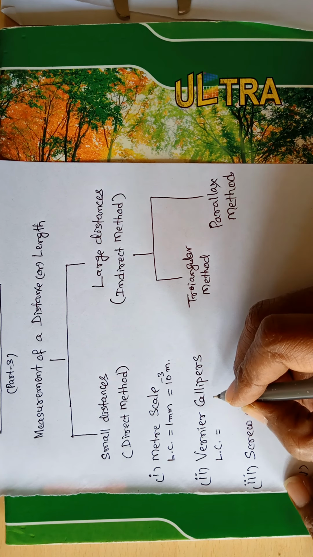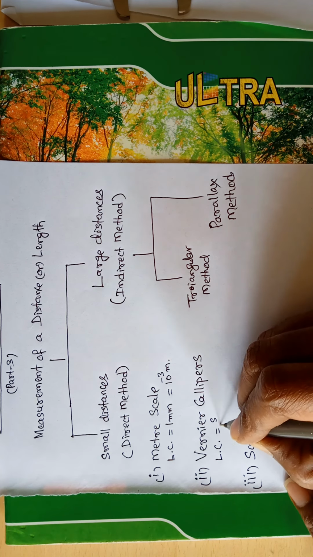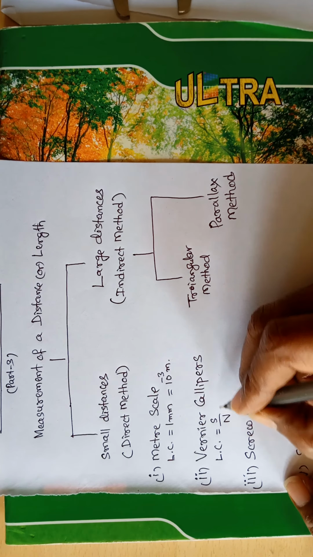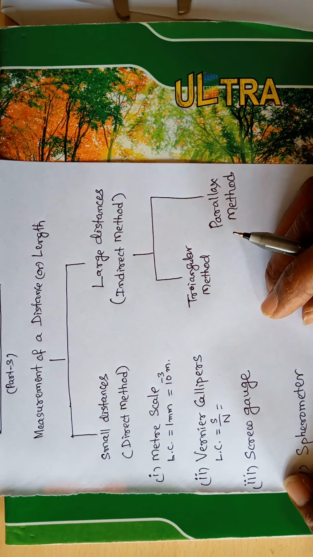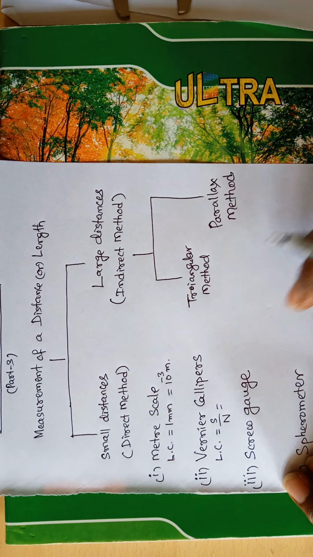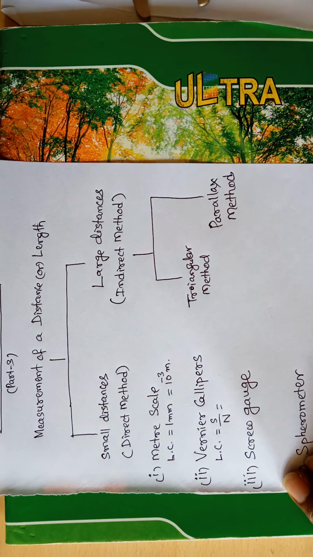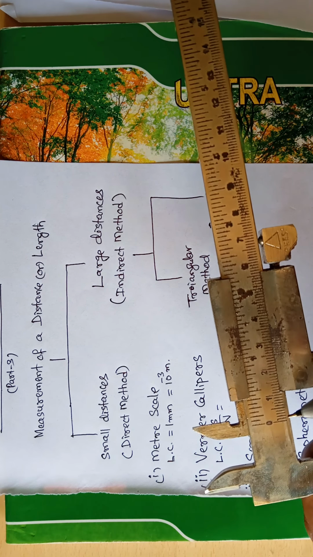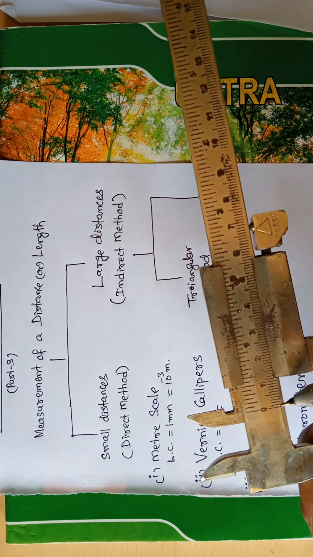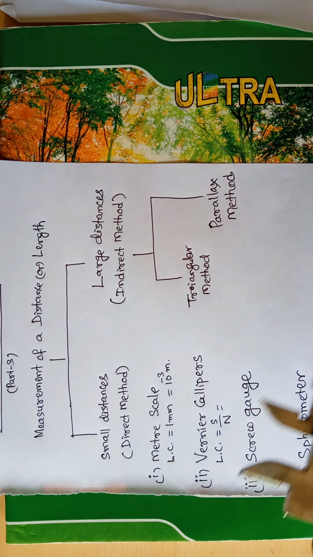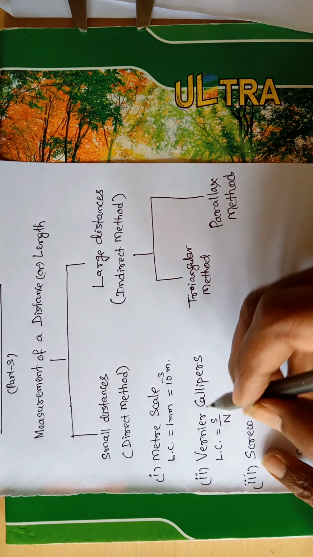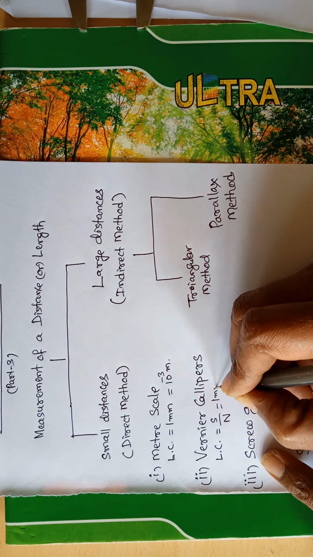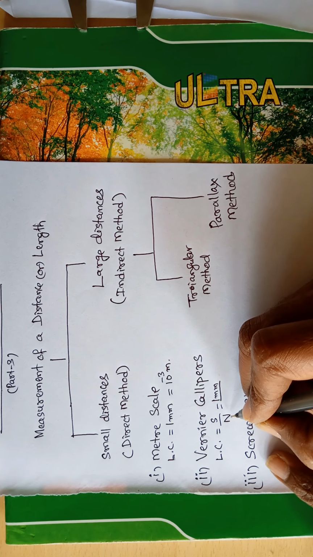There is a formula to calculate its least count, S by N. S means main scale division value, 1 main scale division. That you already know, 1 division is nothing but 1 millimeter. 1 millimeter by N, where N means the number of vernier divisions.